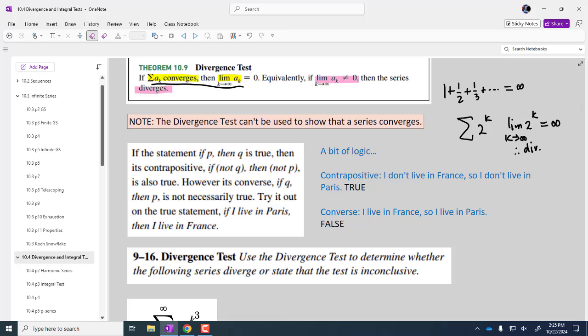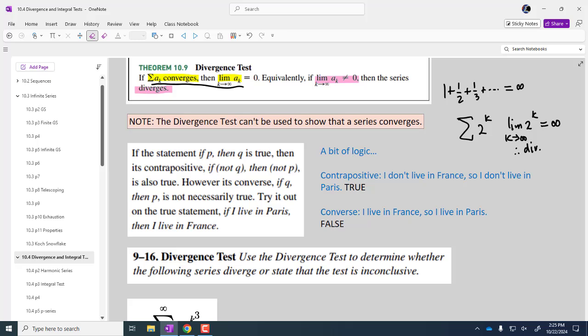The answer to the divergence test is always either divergence or inconclusive. If the limit is 0, then the test is inconclusive. We don't know whether the series converges or diverges. It could do either. It's kind of like an indeterminate form.